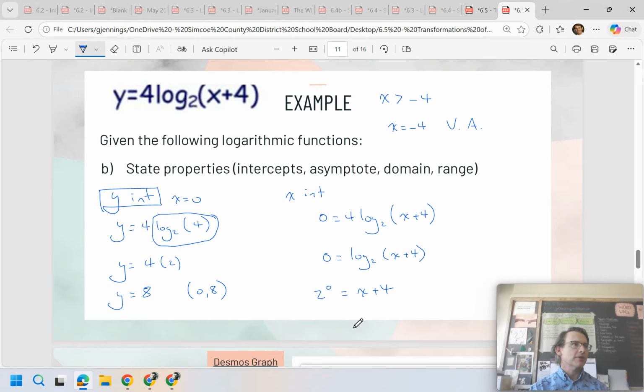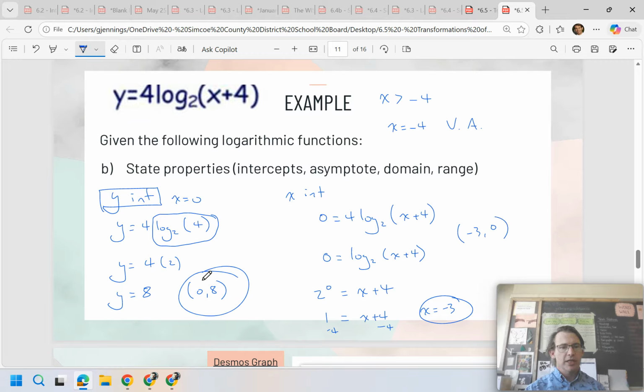Now what does that make x? -3. So 2 to the 0 is 1, and so that means 1 is equal to x plus 4. We subtract 4 from both sides to give us x equals -3. So that gives us the point (-3, 0), and now we have everything we need to create a nice sketch of this situation.